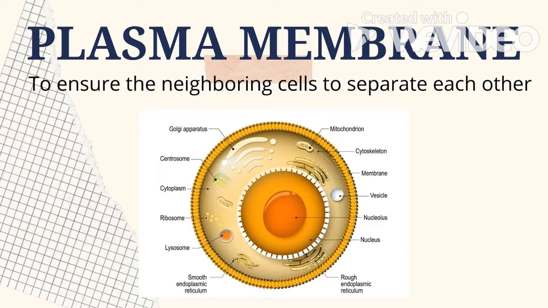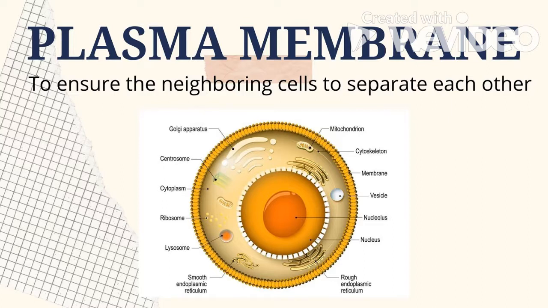Next are the communicators. Some receptors help the cell communicate with other cells and the environment. And lastly, the fasteners. They are the receptors that help bind the cell to its neighbors.